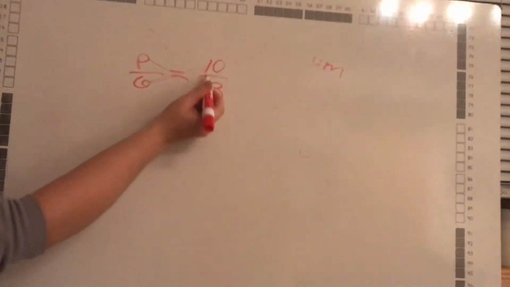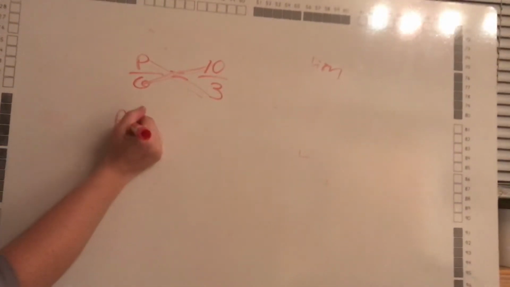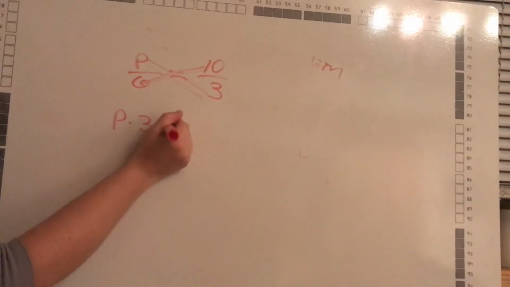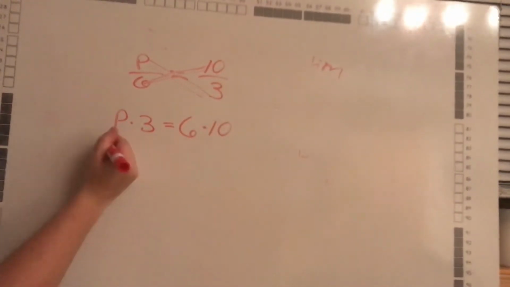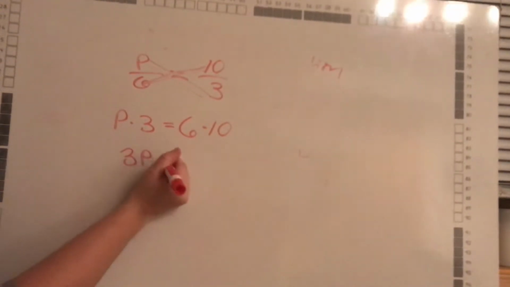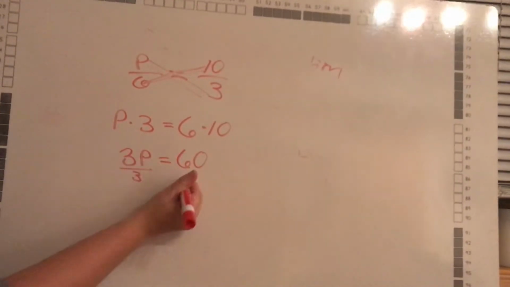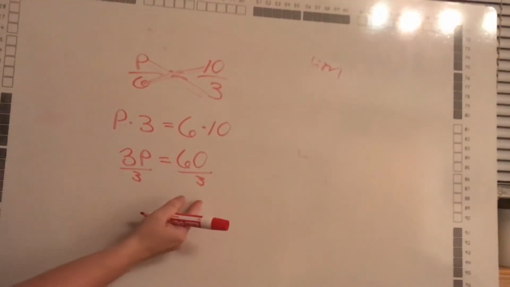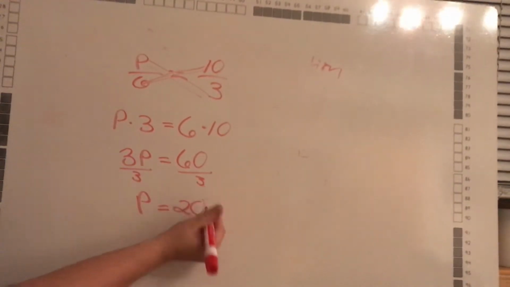Cross product, see, it makes a cross right there. So P times 3 is going to equal 6 times 10. 3P equals 60. Divide each side by 3, and you get that P equals 20.